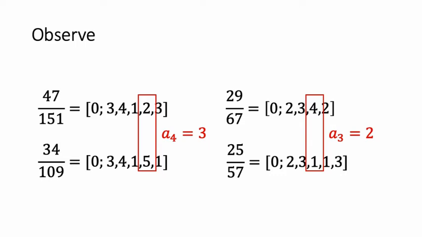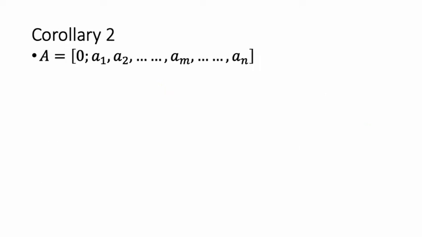In the left-hand side case, a4 will be closer to the smaller fraction, while on the right-hand side, our a3 will go with the bigger fraction. If we generate more and more examples like this with different digits and different numbers of items, you can find one thing, which is our corollary 2.